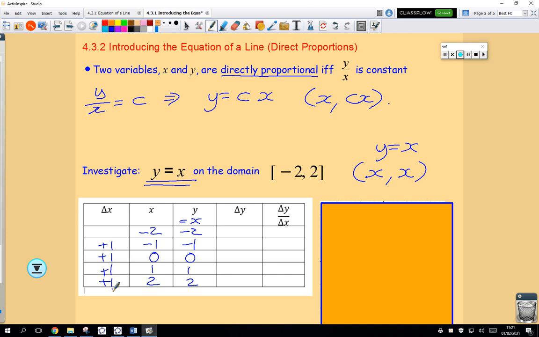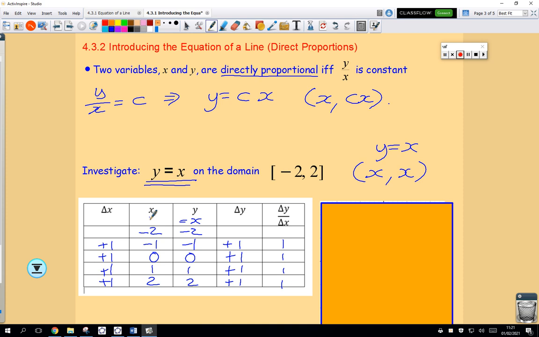If I look at how y is changing, all the y values are the same as the x values, so the change in y will be the same as the change in x. Then if I take all my values for delta y and divide them by delta x, 1 divided by 1 is 1, every time. They're constant.